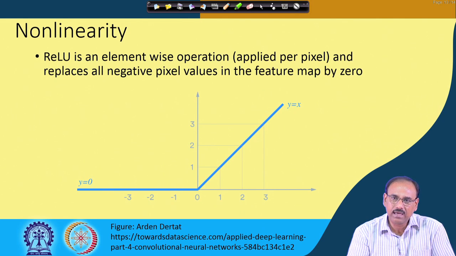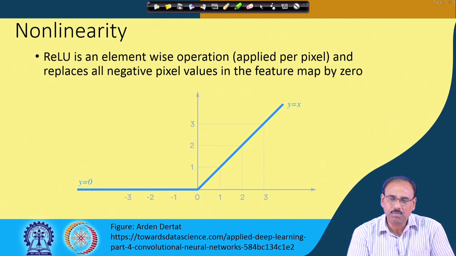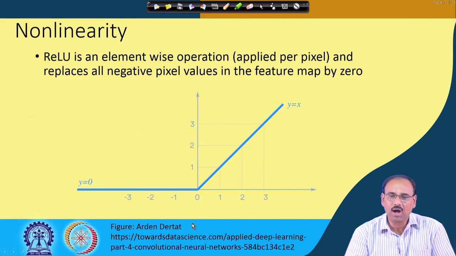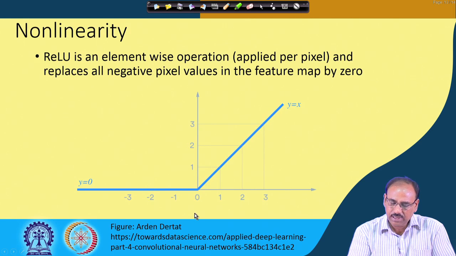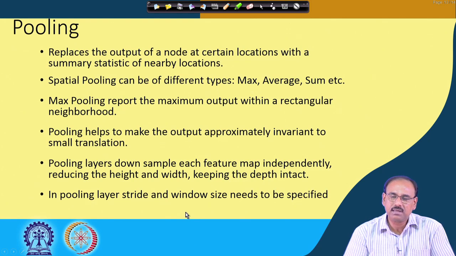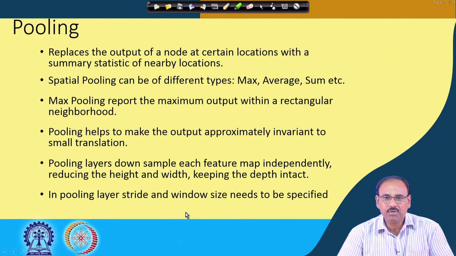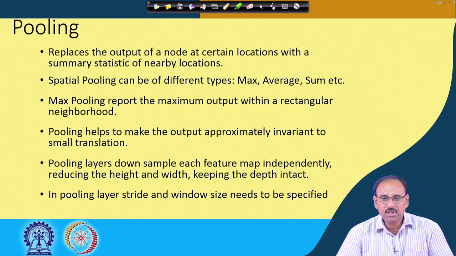The nonlinearity function that you use after the convolution operation is usually a ReLU function, though other nonlinearities are also possible, but in a convolutional neural network, ReLU is more popular. After nonlinearity, you have another layer, which is the pooling layer. Pooling performs 2 tasks.